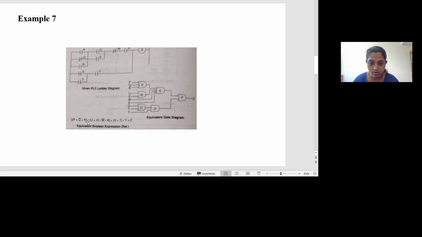They are in series, so I put a dot here. You can see here dots. And the last line is S and T OR operation, so it is S plus T. And that is in series with Y, so it is dot Y. And all these combinations are ORed together, so you have a plus operation here, OR operation, and this produces the final output Z.